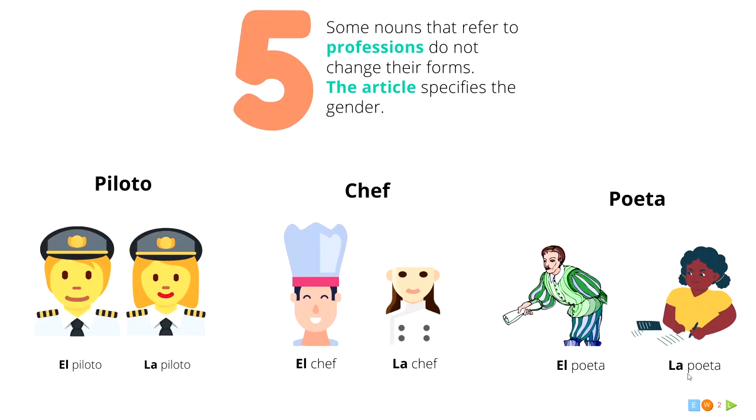Now, número 5. Some nouns that refer to professions do not change their forms. The article specifies the gender. Por ejemplo, piloto is not piloto, pilota. No, es el piloto. The article specifies the gender.